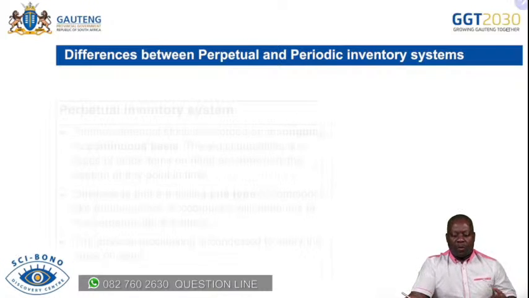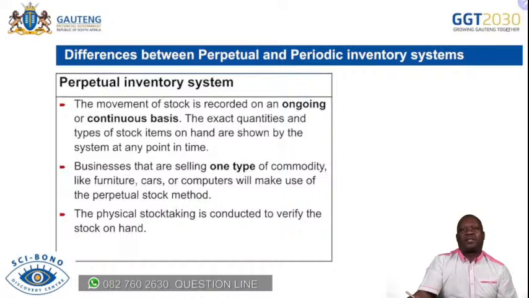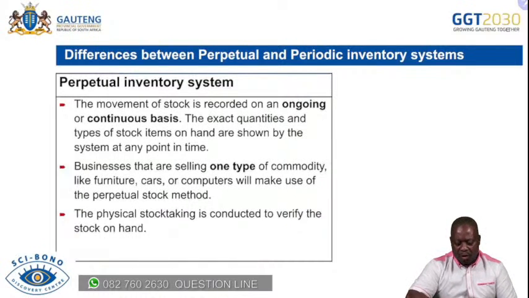Now, we also need to look into these as differences. When we look into the perpetual inventory system, the movement of stock is recorded on an ongoing and continuous basis. So the exact quantities and stock types on hand are known.